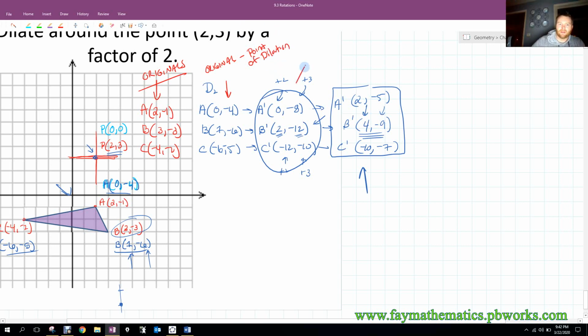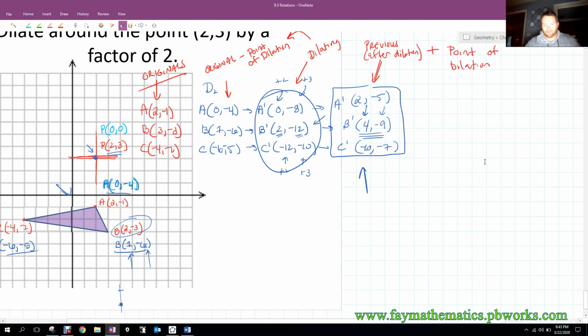These were then created by dilating what you found there. So in the previous ordered pairs, that's when you actually dilate. And then these were our final ones, by taking the previous ordered pair, after dilation, and now you're going to add back in the point of dilation.